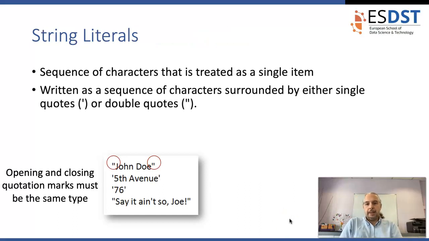A sequence of characters that are treated as a single item is a string. As a sequence of characters, they need to be surrounded by either a single or a double quote. Pretty much it doesn't matter whether you use a single quote or a double quote as long as you are consistent. So the opening and the closing quotation marks must be of the same type.